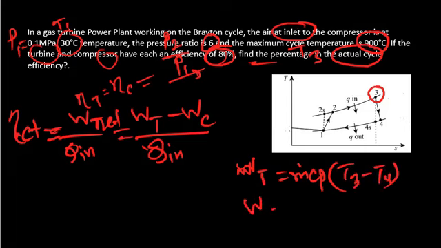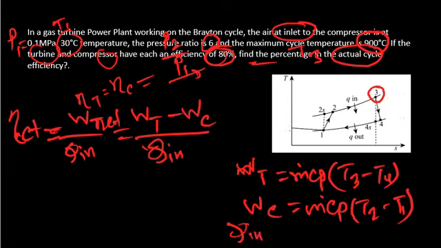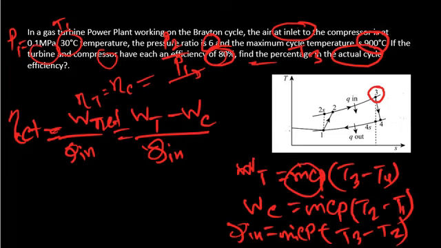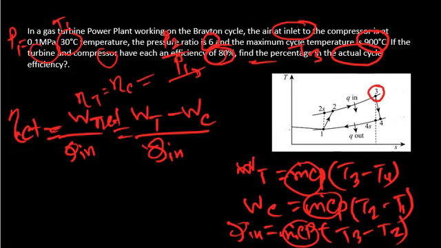The compression work is the mass rate, times constant pressure specific heat, times T2 minus T1. And Qin is also the mass rate, times constant pressure specific heat, times T3 minus T2.